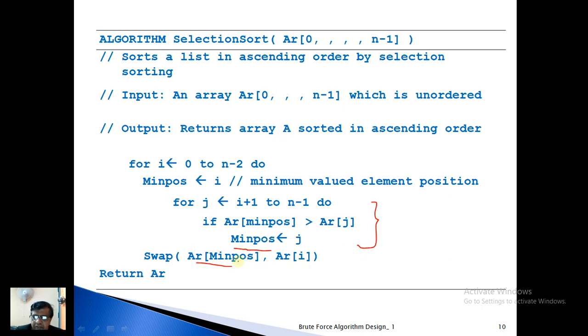The min position will be the exact position where the minimum of all remaining elements is found. So after the completion of the outer for loop, what we get is a sorted array. Therefore, the algorithm returns the sorted array.